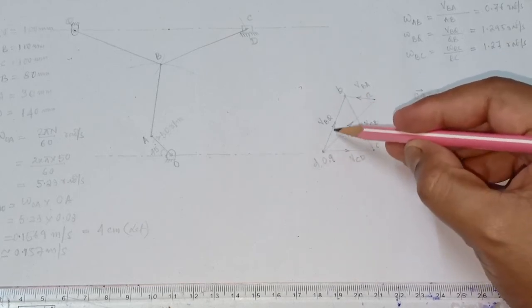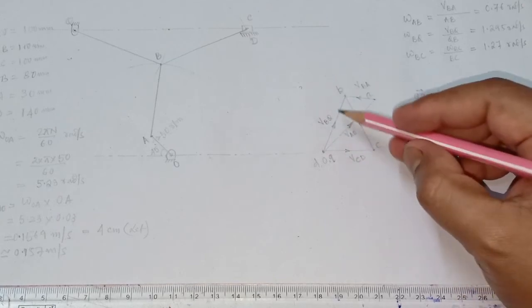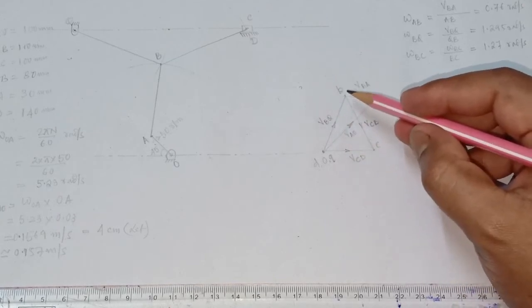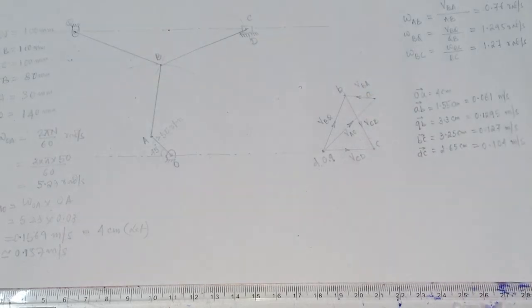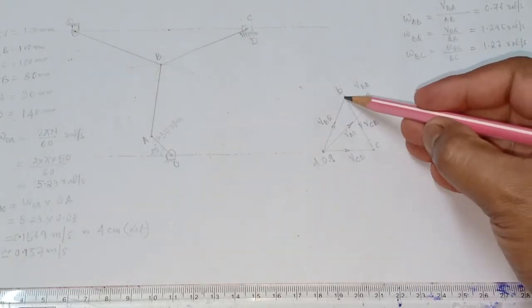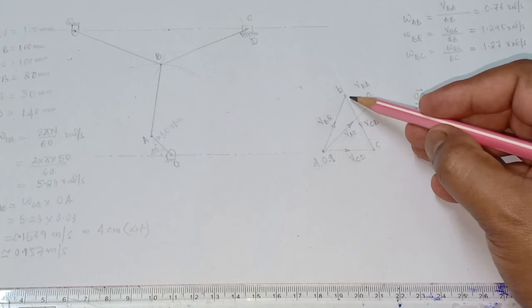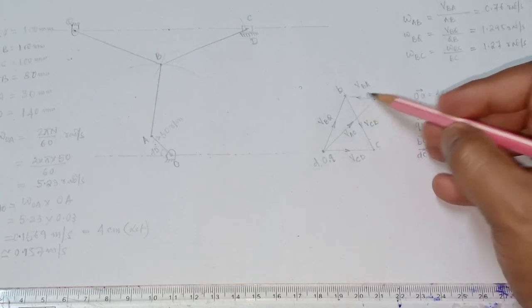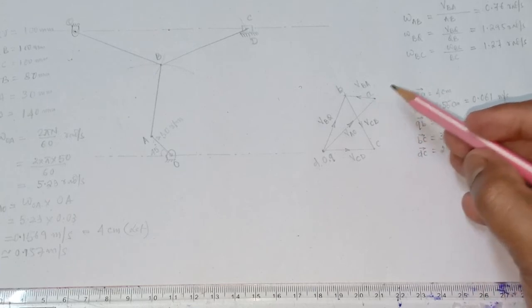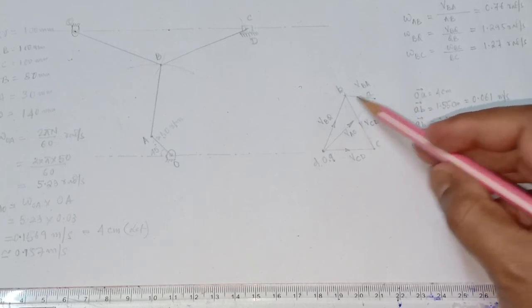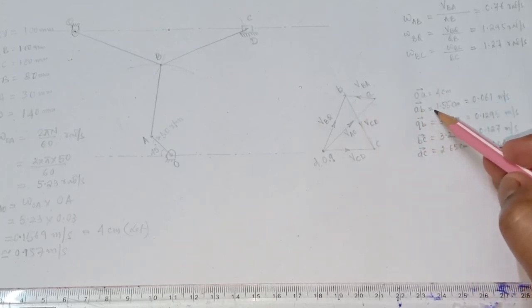So once we calculate the velocity of link QB, the velocity of point B will automatically be found. If they mention finding the velocity of B relative to A, it means finding the linear relative velocity of AB, and we need this data.